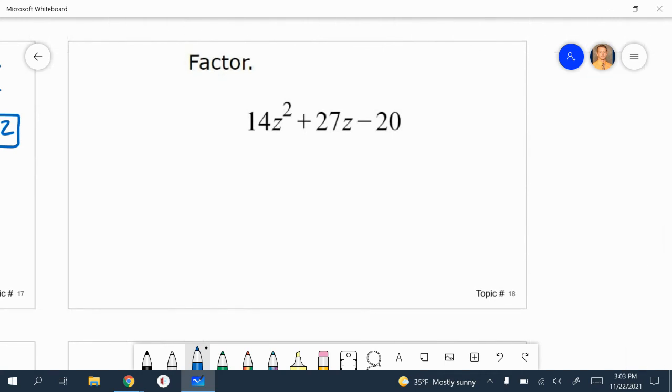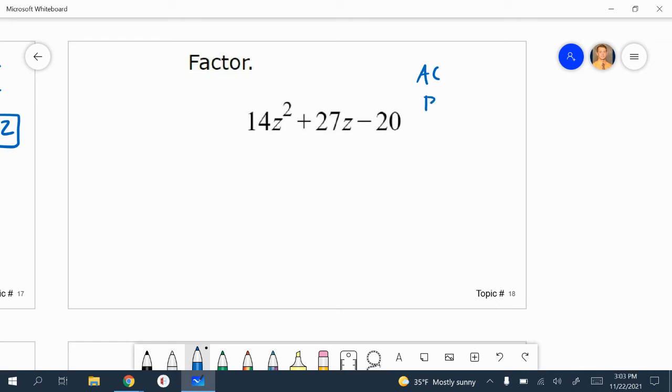Topic number 18. All right, looking like these are getting even more complicated. So let's see. I don't think I can pull anything out. I'm just checking, and I think 27 must be a prime number. Nothing I can pull out of that. So we're going to have to go big here.